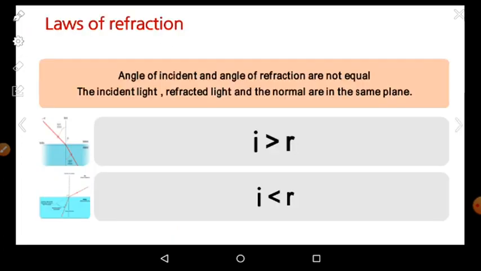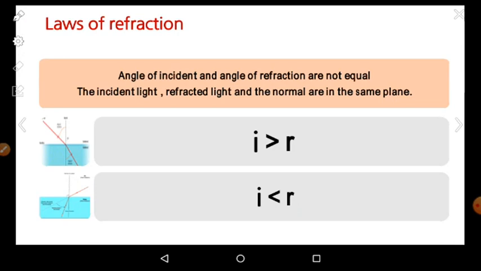Here we have the laws of refraction. Refraction is exhibited when the light is traveling from one material to another, from one medium entering into the second medium. It means there is a change in the material of propagation.